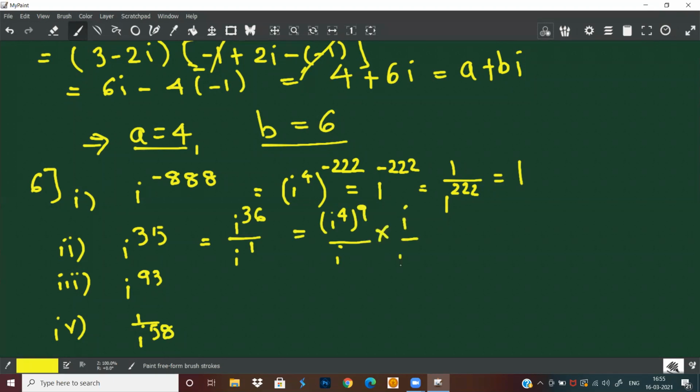I'm multiplying numerator and denominator by i. i fourth is 1, 1 raised to 9 is 1. i square is minus 1. Got it?